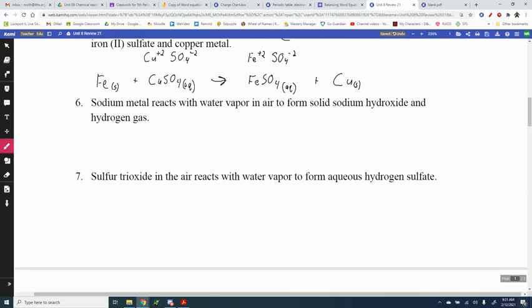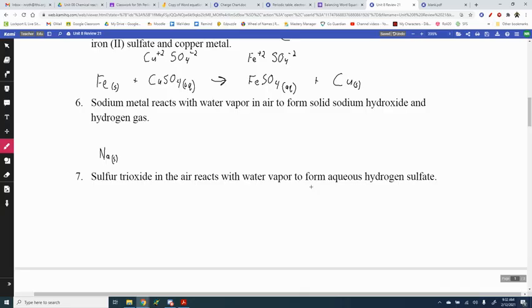All right, next, sodium metal reacts with water vapor. So sodium metal is just straight sodium. That is a solid. Also, I didn't specifically say this on here, but when we have a straight element that's not bonded to anything, it is neutral.